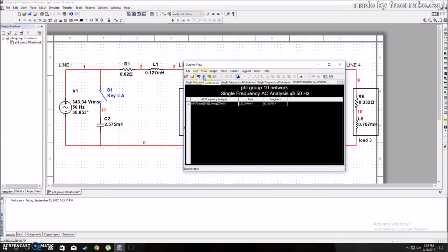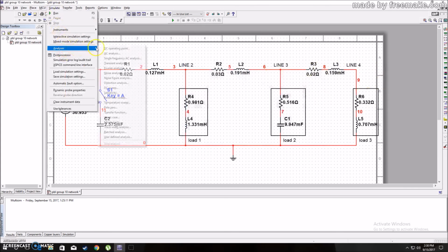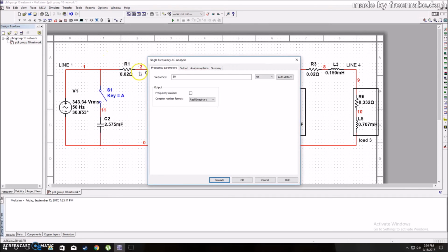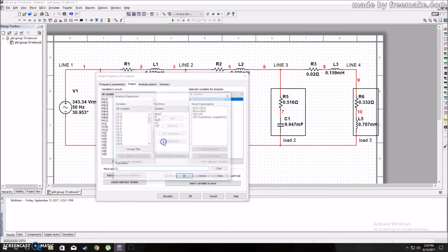Okay, but now I'm going to show you how to simulate the true power and the reactive power at transmission line 3 to 4.